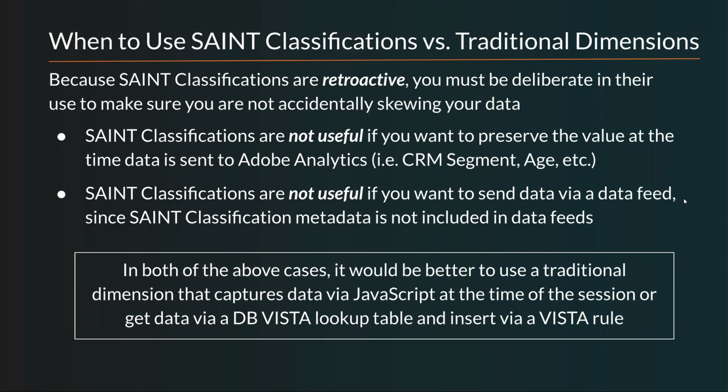Well, if 3 weeks later we decide that that customer ID doesn't belong in that segment anymore, and we change this segment, well, that is going to look like that customer ID's behavior has always been part of the different CRM segment, because it won't remember the old segment, that last month this person was in the baby boomer and this month they're not. So because the metadata can change dynamically, it's terrible to do that as a sync classification.